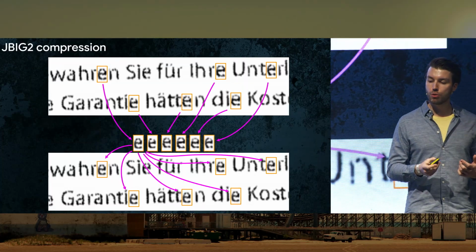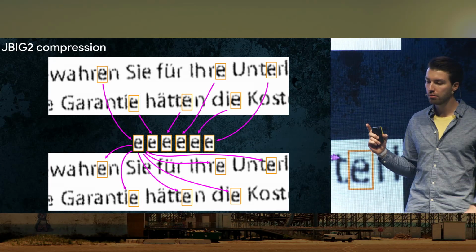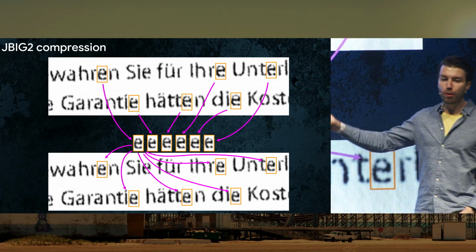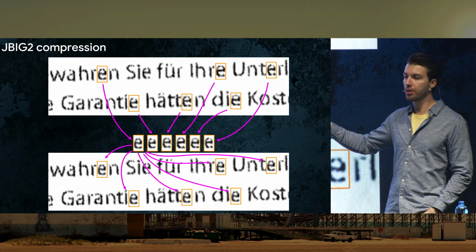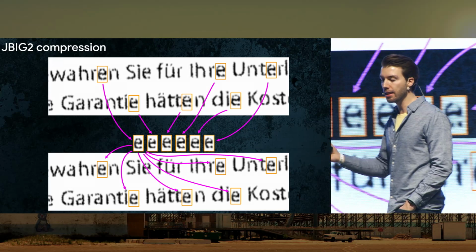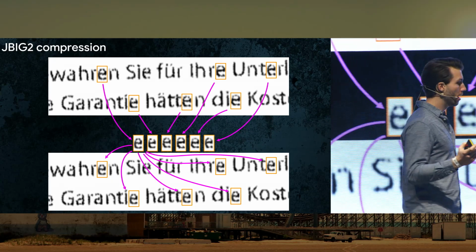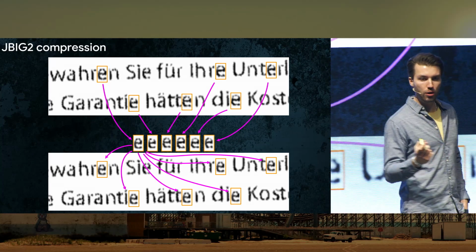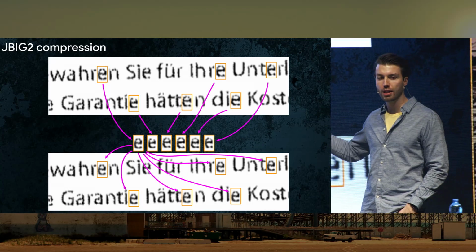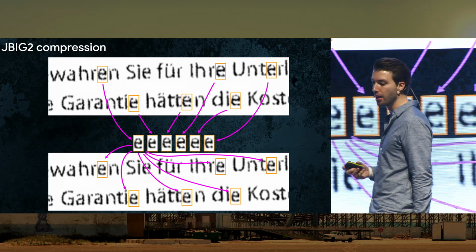It can then take one representative, like the one E, and replace all of the other E's in the document with this one, right? Now you no longer need to store 6 E's, you just need to store 1. That's kind of neat, except that this can go horribly wrong if it replaces one character with another that looks a bit similar, and I think this happened.